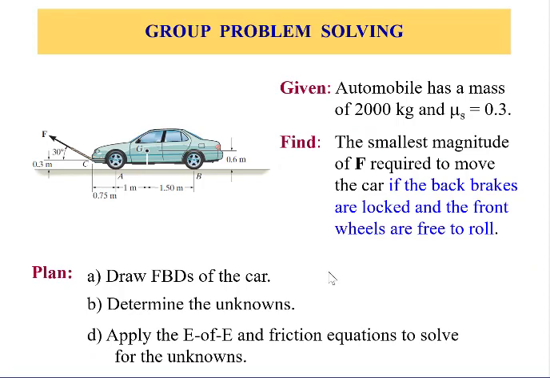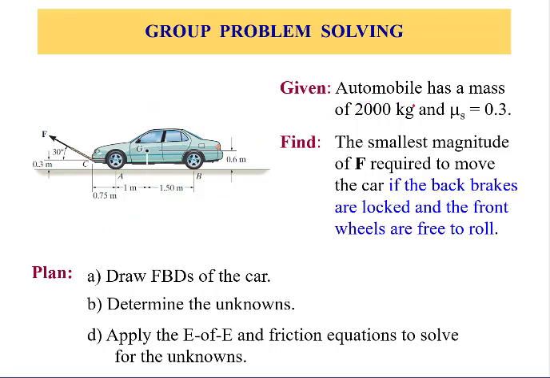The last example I would like to show in this presentation is the group problem solving. The purpose is to give you the idea. You can work on it at home and look at the complete solution. To begin with, let's understand the requirement.